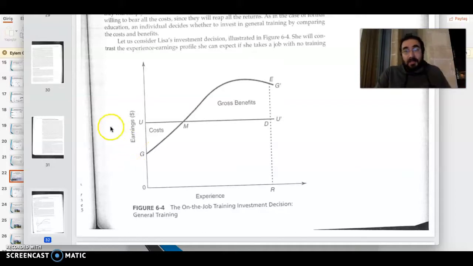And there you are still considering the cost you pay and the benefits, the potential increase in the income level you will get. You don't have a breakpoint here because you are not quitting your job; you are doing on-job training, so you are still working while you are getting trained.